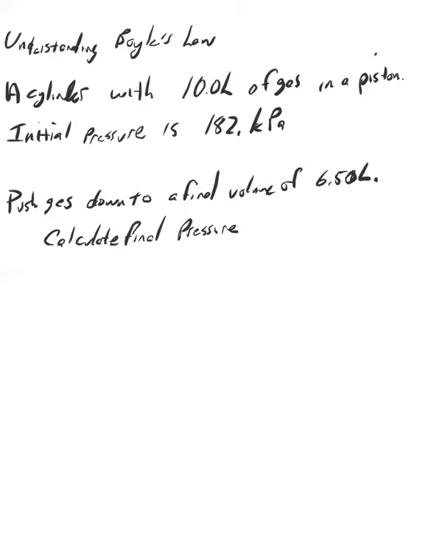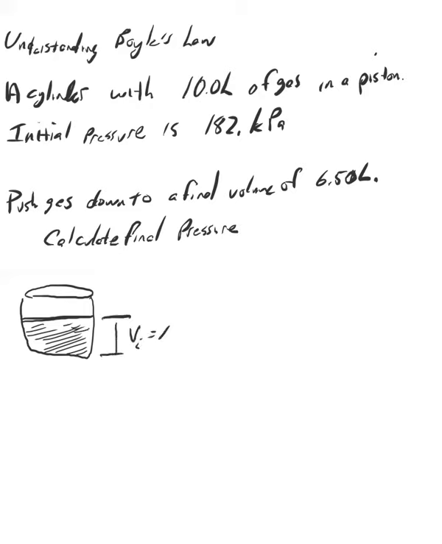There's a picture here. Okay, so there's your piston. Your gas is in here, so we'll shade it in to show the gas in there. Okay, so your gas is inside there. So your initial volume is 10 liters. And your initial pressure is 182 kPa.